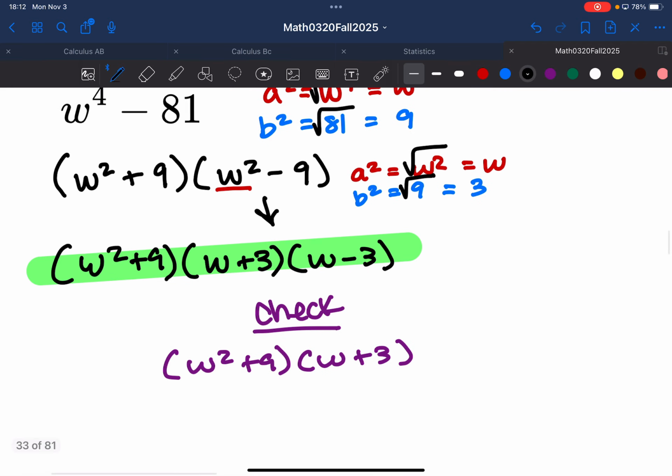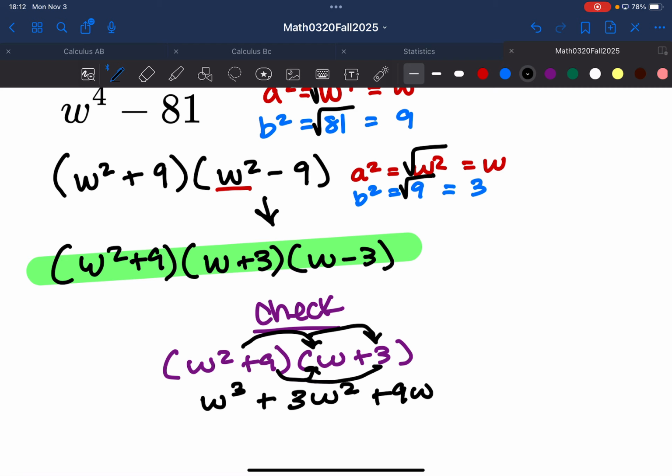So that's W squared times W, which is W to what power? Cubed. And then W squared times 3. Not yet. W squared times 3. Yep, 3W squared. And then we do 9 times W. And then 9 times 3, 27.